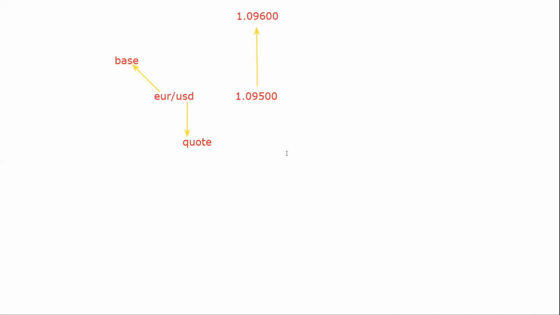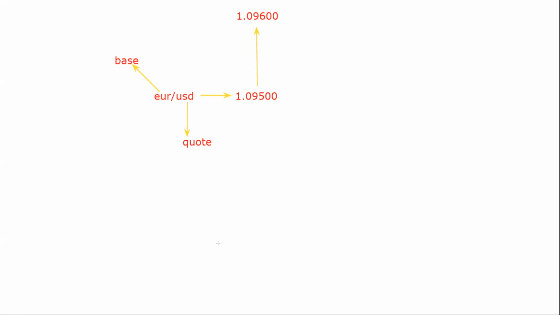it means this is an appreciation in exchange rate. The exchange rate has gone up, which means that initially, to buy €1 we needed 1.09500, and if the exchange rate goes up, we now need 1.09600, which means the euro would have appreciated in value against the United States dollar.